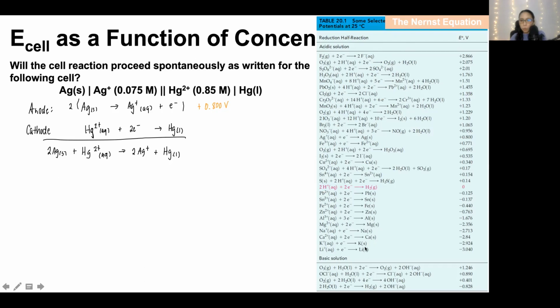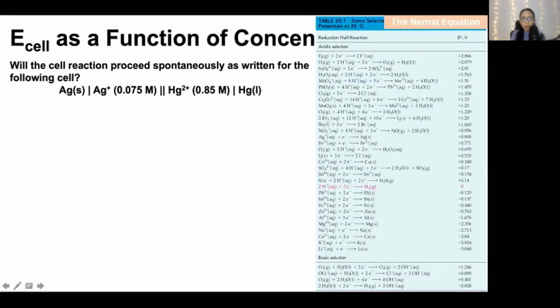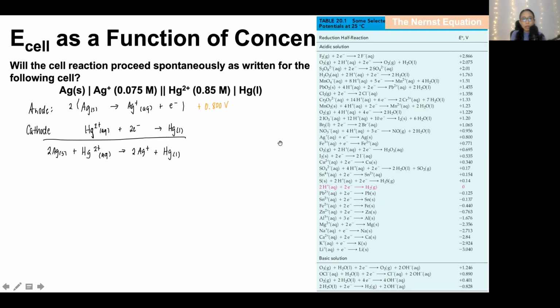Oh, it's not here. Okay. Let me just jump a bit to my reference to look for the standard reduction potential of mercury 2 ion.